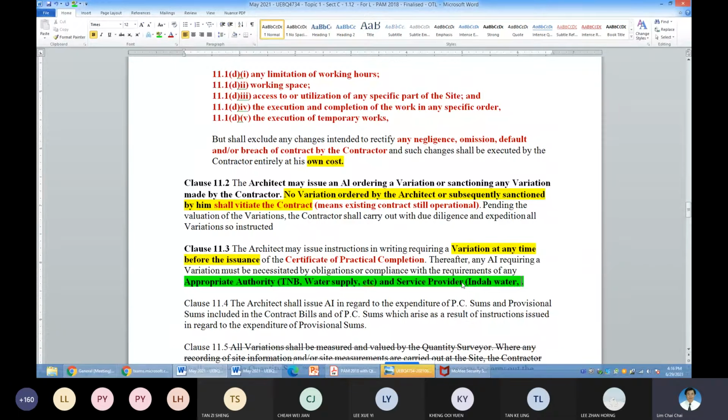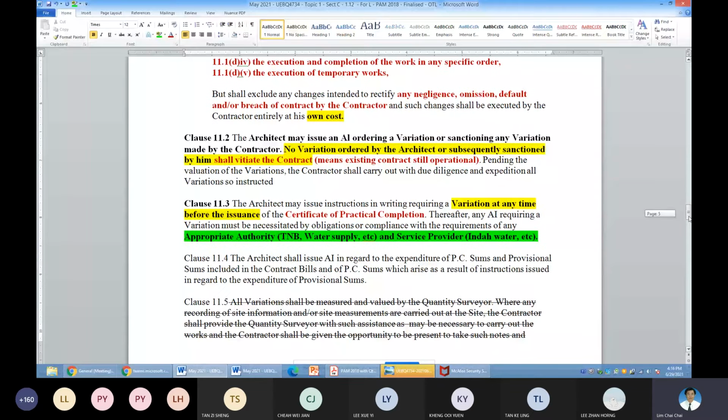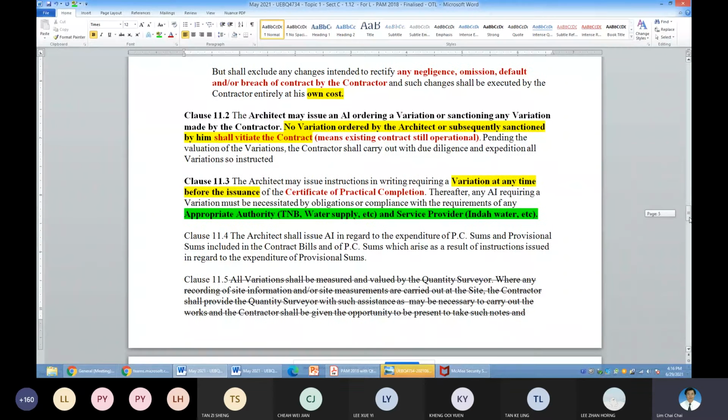So these are two areas where VO can be issued after CPC. So if I ask a question, can an architect issue VO after CPC? The answer is yes and no. Yes is for this appropriate authority and service provider. No for the existing work.